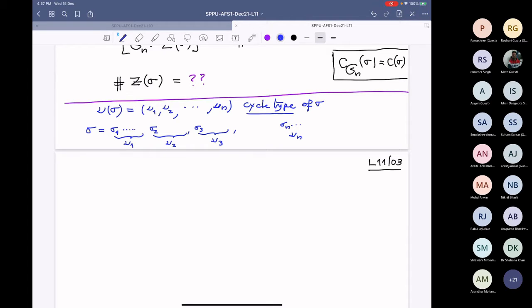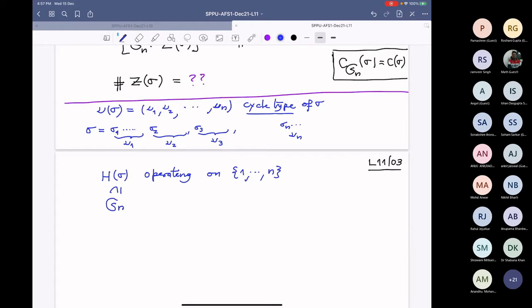And you see, you are counting them. How many of them? The nu one, these are nu two, and so on. So what will be the class equation? What I'm asking is the following. If I take the subgroup generated by sigma and ask for this operating on the set 1 to n, this is a subgroup of Sn.